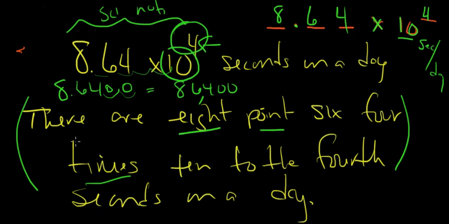So let me clear this out. Consider a number like 4.62 times 10 to the 6th. Multiplying 4.62 times 10 to the 6th gives you the same effect as shifting the decimal point 6 places to the right.